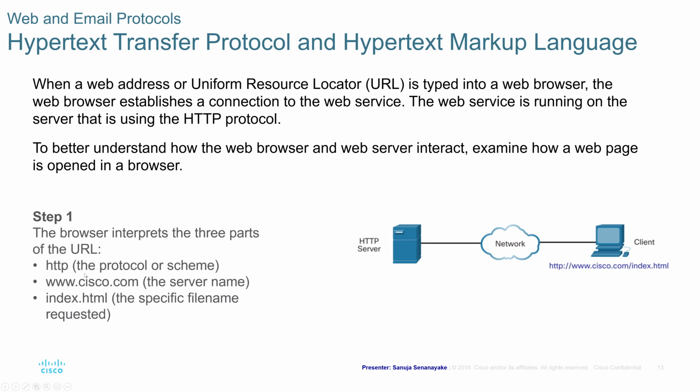The HTTP part, which defines the protocol or the scheme. The www.cisco.com part, which is the server name. And the index.html part, which is the specific file name requested. So you have a server and you have a client. The client is requesting that cisco.com web page, and the web browser is interpreting that information in order to reach this web server.